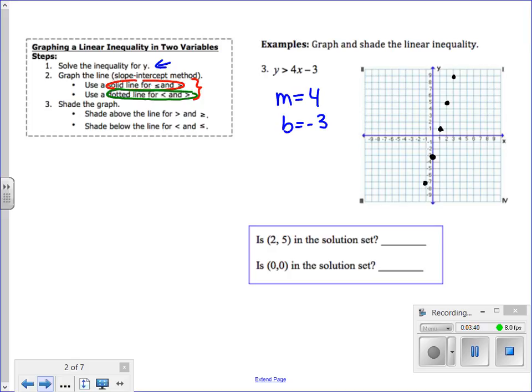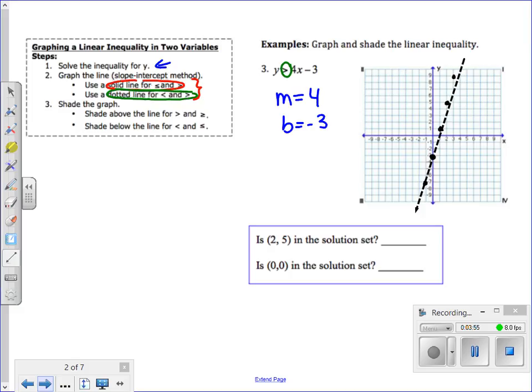Now when I connect those dots this time, because I have a strict inequality, I'm going to use a dotted, dashed line. The line is going to end up being dotted through those points. It's not going to be solid.